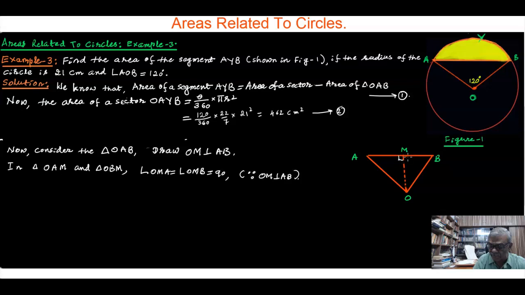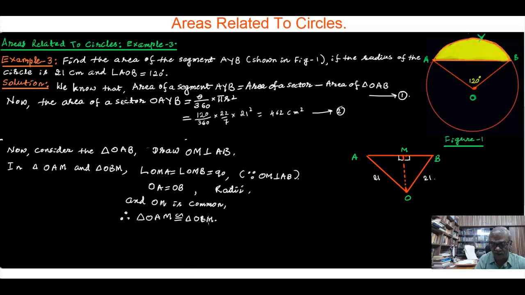That is because we have drawn OM perpendicular to AB, and OA equals OB because of the radius, that is 21 centimeter, and OM is common. Therefore these two triangles are congruent to each other, and hence angle AOM equals angle BOM equals 60 degree.